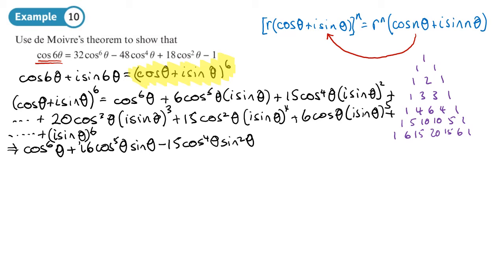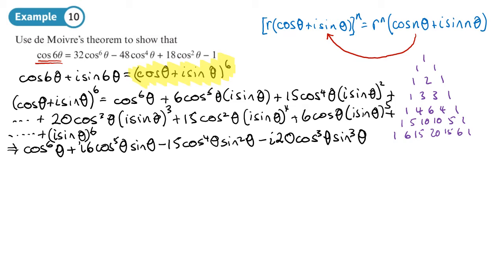Okay, let's move on to the next term. Here we've got i cubed sin cubed when we expand those brackets. Now i cubed is -i, so I'll need to put a negative sign there. So -i, so again I'm going to put the i at the front in front of this term, and then it'll be -i 20 cos cubed theta sin cubed theta.